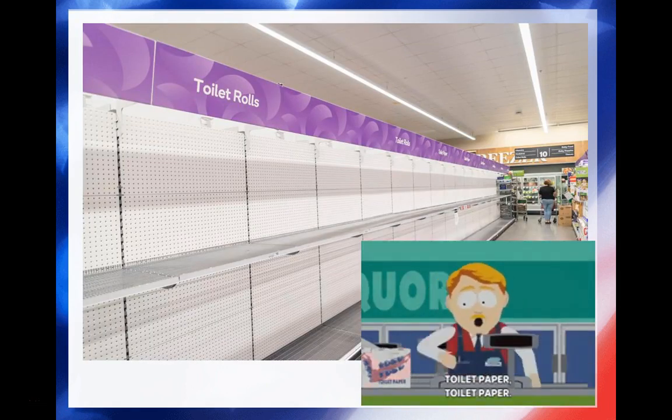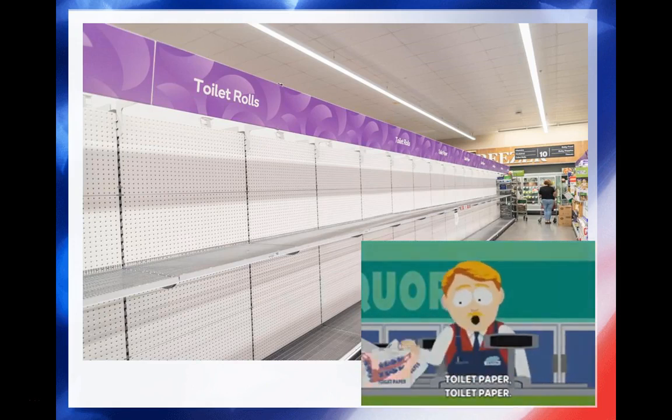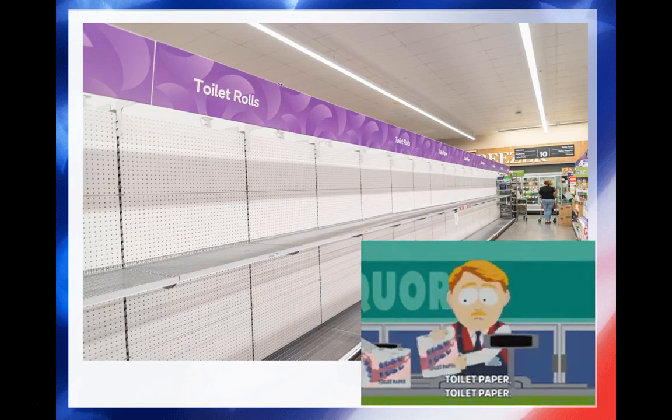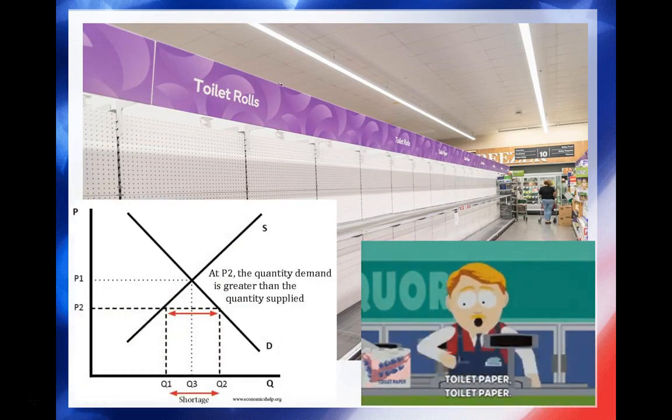Shortages. Oftentimes, the demand for something is higher than the supply of something. The PS5 at Christmas time 2020, there were a lot of people who wanted them, not a lot of people could get them. During the Rona outbreak, toilet paper, hand sanitizer, all of those things were in high demand, but the suppliers could not keep up with the demand.